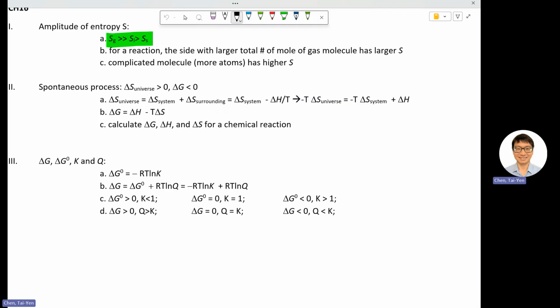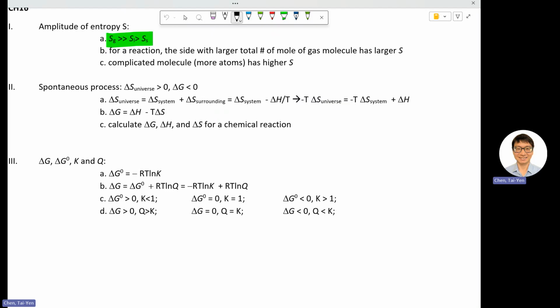Then today what we're going to do is tell you another new, very important concept for thermodynamics. In order to define the entropy of certain things, you need to understand this terminology.